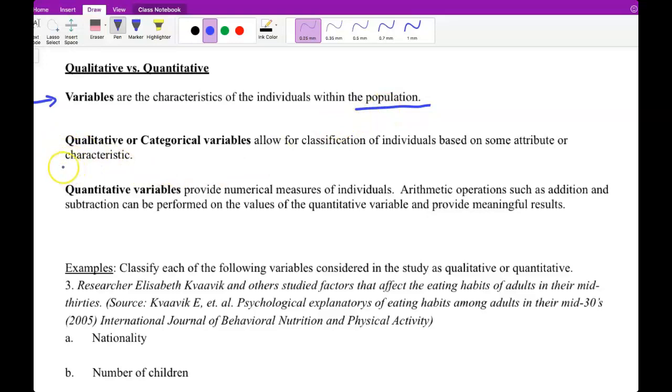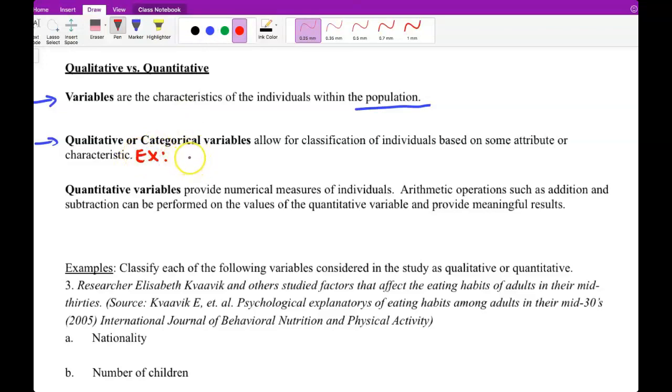Next one, qualitative or categorical variables is based on some attribute or characteristics. Let's have an example for qualitative.